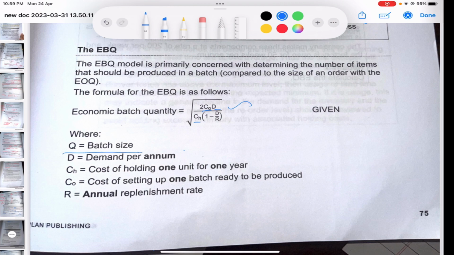Here, Q is the batch size. In the EOQ, Q was my order size. D is my annual demand and stays the same. CH is the cost of holding 1 unit for 1 year, which also stays the same. CO is not the ordering cost; it is the cost of setting up one batch ready to be produced. And R is my annual replenishment rate.